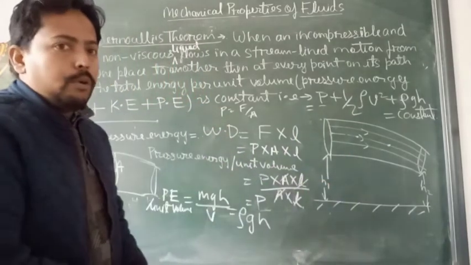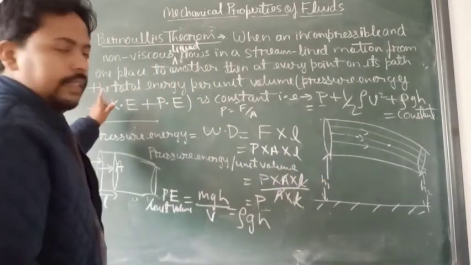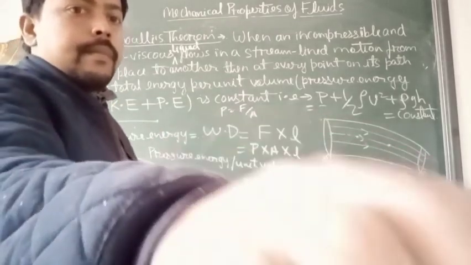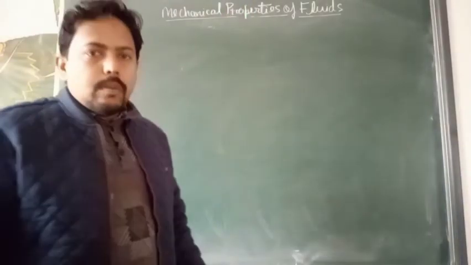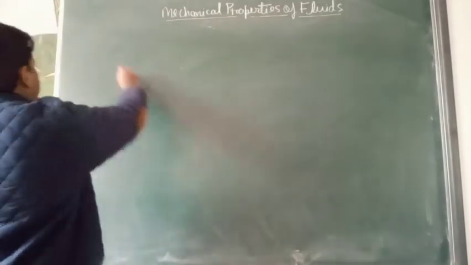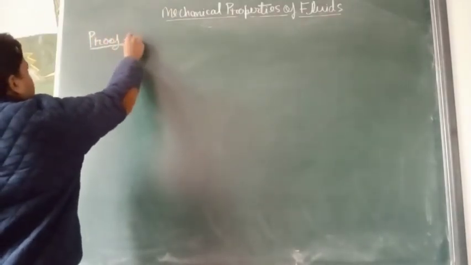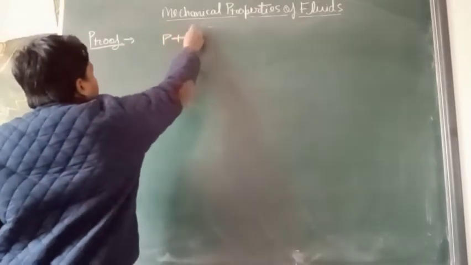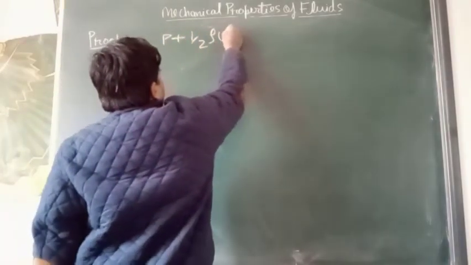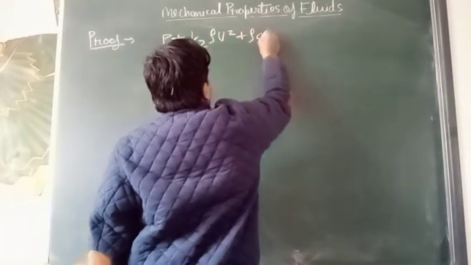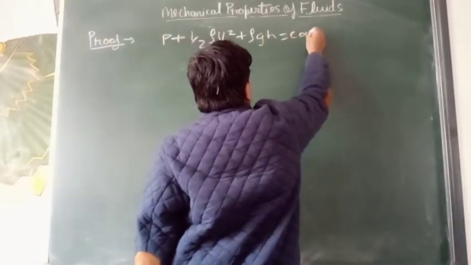So let's see the proof. Let me erase the entire thing to prove. So now let's talk about the proof of Bernoulli's theorem. Proof: that is P plus half into rho into v square plus rho into g into h equals constant.